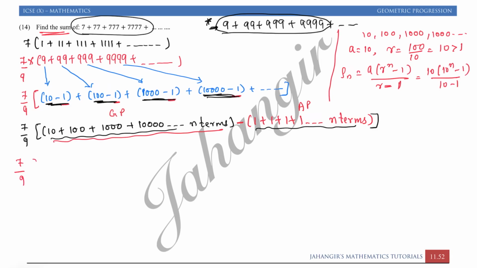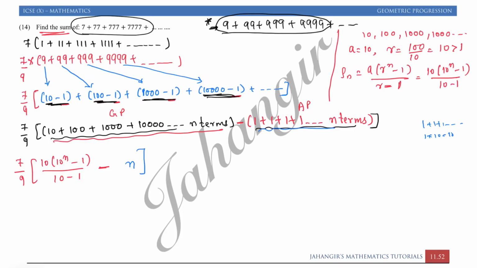So Sn is equal to, for the first part I can write 10 into 10 raised to n minus 1 upon 10 minus 1, minus. Now for the second series, if you are adding 1 ten times, you will get 1 into 10, total will be 10. If you are adding 1 a hundred times, it will become 1 into 100, 100. And if you are adding 1 n times, it will become n.